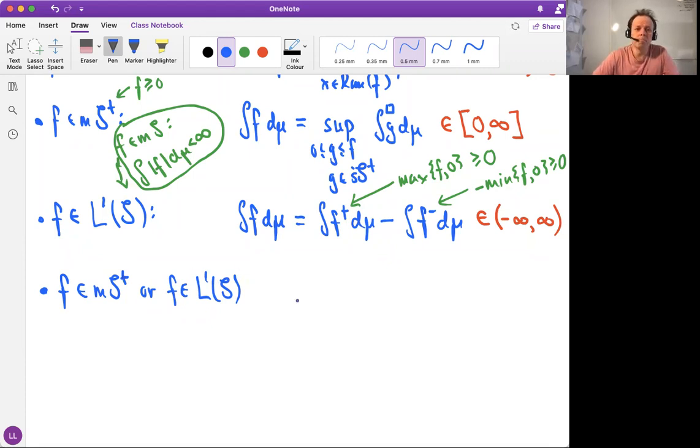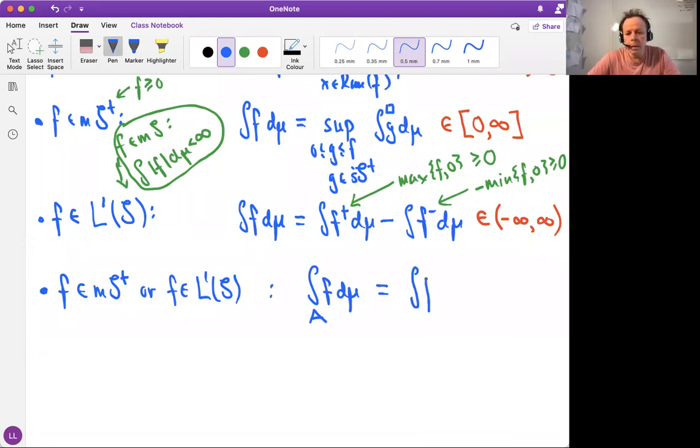But anyway, if f is in either one, then we can ask, what should we define if we want to integrate over some set? What should be the definition of this one? That's something that we haven't yet done. Let's do it now, because that's very simple.